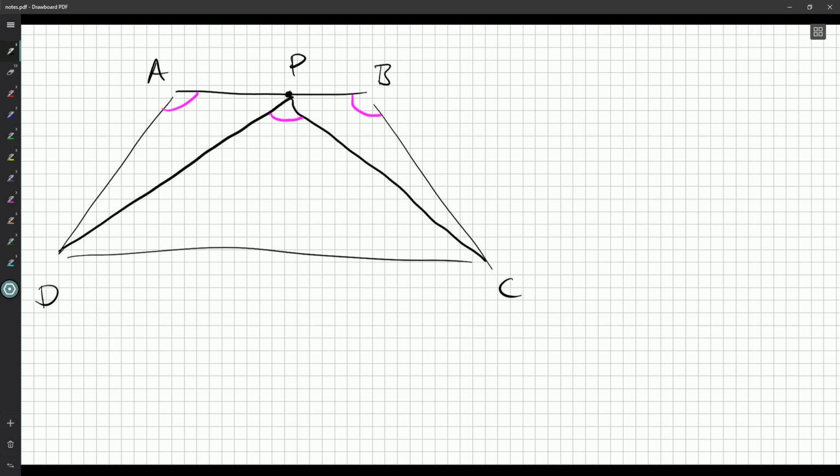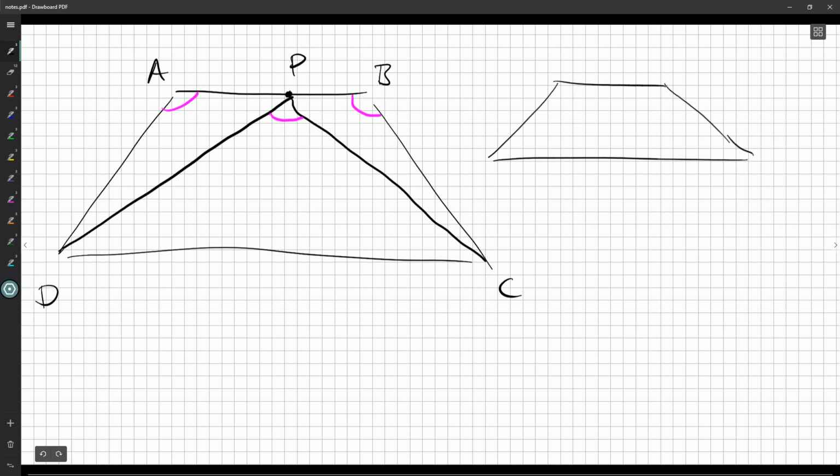Now, a nice property of trapezoids that you can prove if you're not familiar with it is that the angle in one of the corners next to one of the parallel sides, and the corresponding angle on the same side next to the other parallel side, are supplementary angles, in that they both add up to 180.